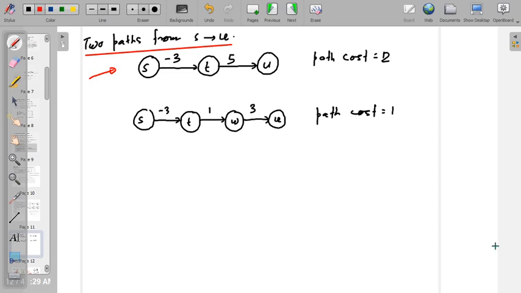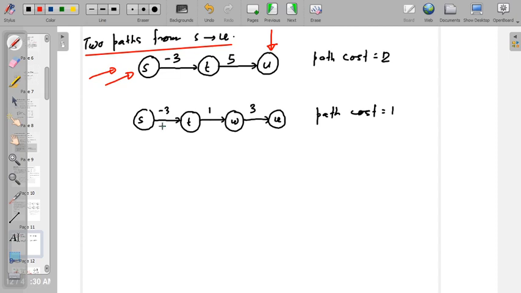Okay, so let us see whether this idea is applicable or not. Say there are two paths from S to U. One is like this, and the edge cost is given.